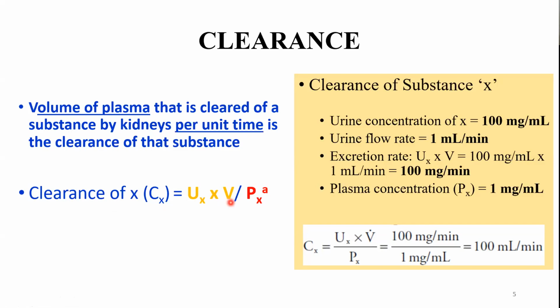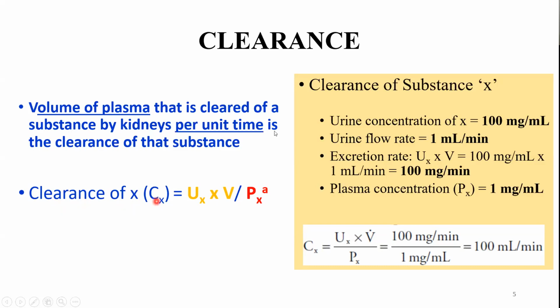You multiply these, you get a value over the plasma concentration of this substance X. So all of this is known. You get whatever value you get. We will look at this example in a bit. Whatever value you get here is basically the clearance rate, clearance of that substance from the plasma.